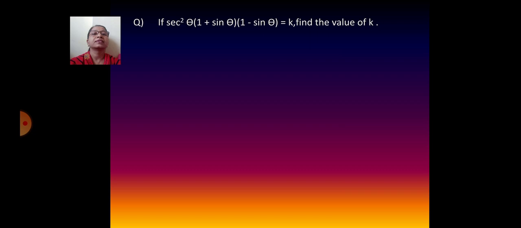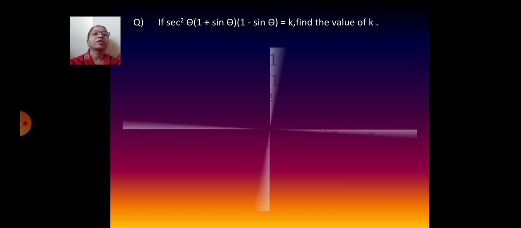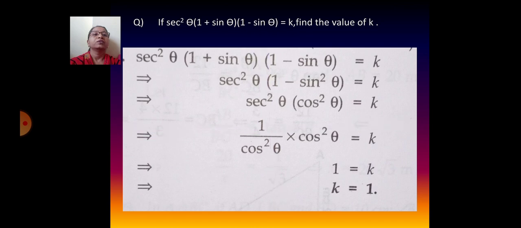Now next. If sec square theta into bracket 1 plus sin theta into bracket 1 minus sin theta is equal to k, then find the value of k. Right, so you copy down that expression once again. Now children, see the brackets. They are in the form of a plus b, a minus b. So according to the identity, it is a square minus b square.